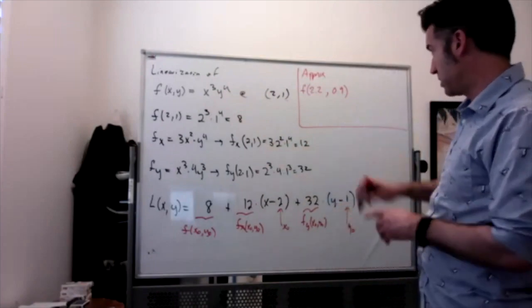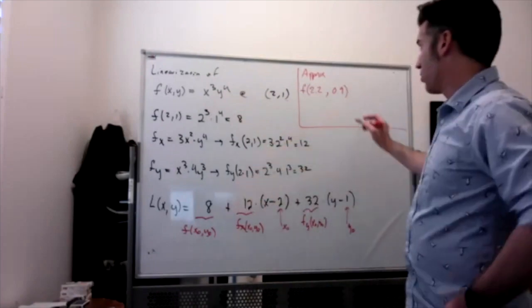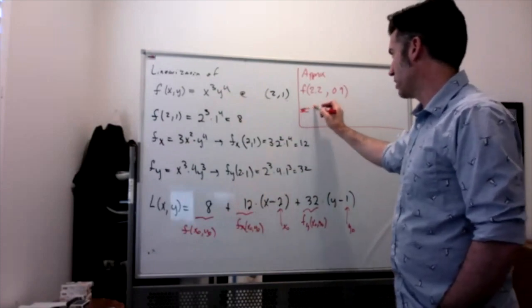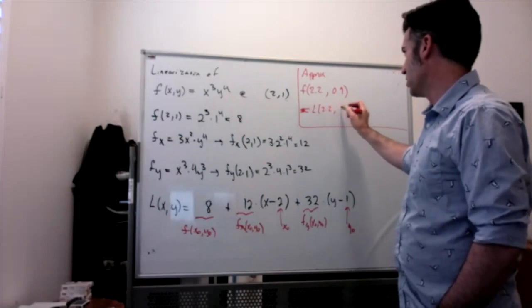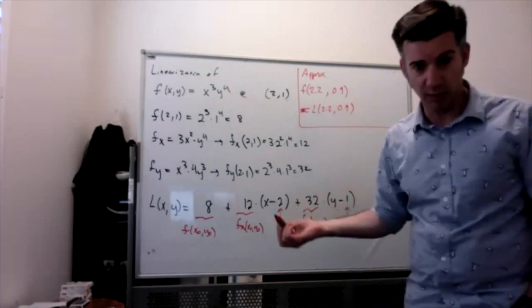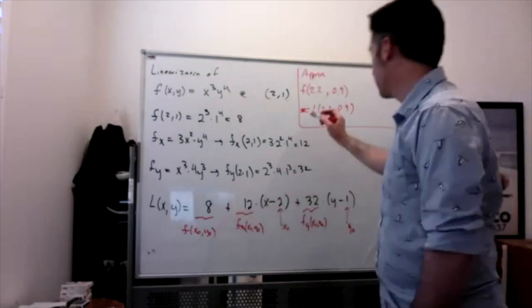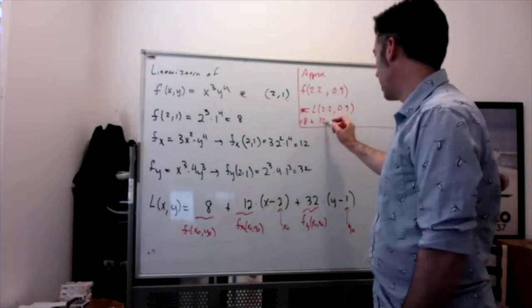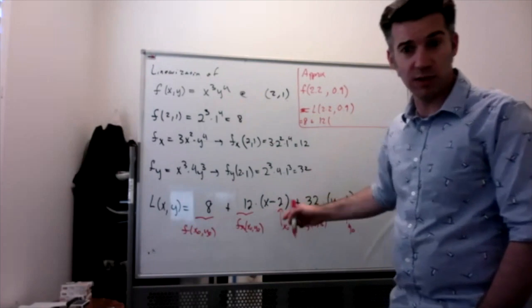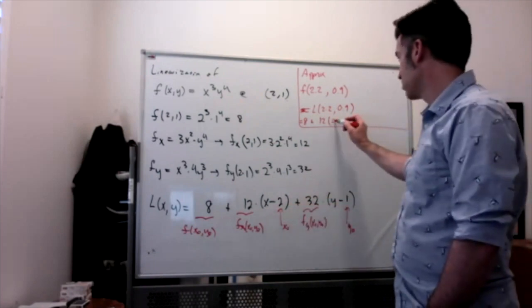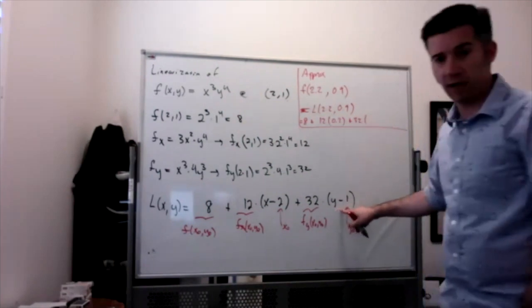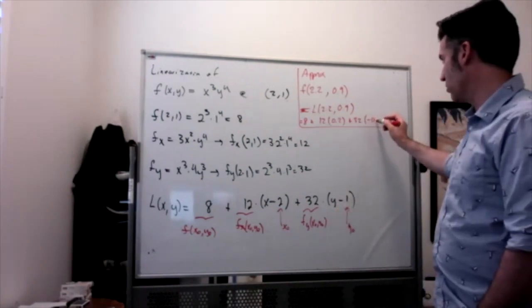If we actually plug this into this thing here, it's going to be approximately L of 2.2, 0.9, or the linearization at that point, which is going to be 8 plus 12 times 2.2 minus 2, which is 0.2, plus 32 times 0.9 minus 1, which is negative 0.1.